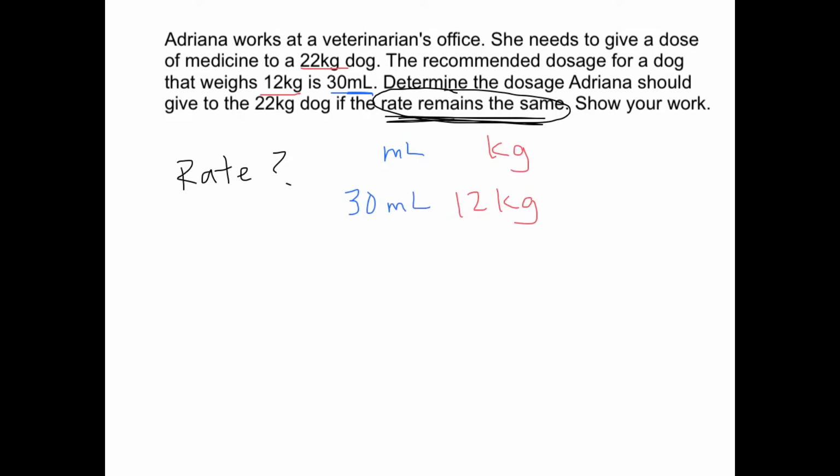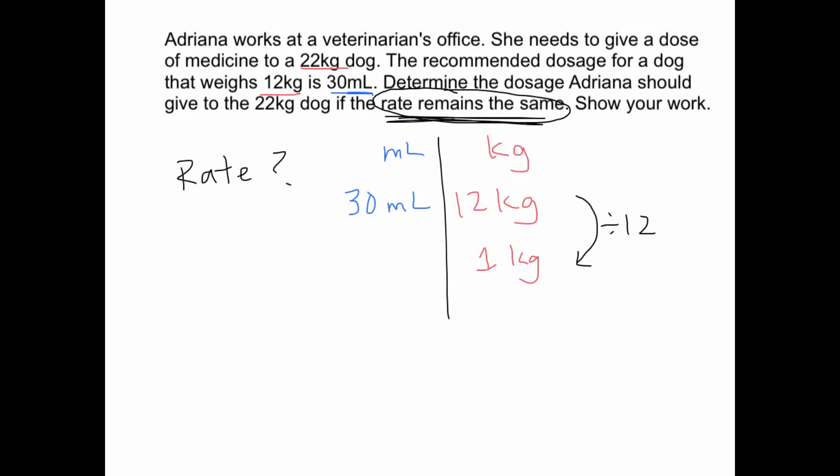Can you use this information to find out how many milliliters you need for a 1-kilogram dog? Well, what did I do to change this number from 12 to 1? 12 divided by 12 is 1. So what do you think we need to do to 30 milliliters?